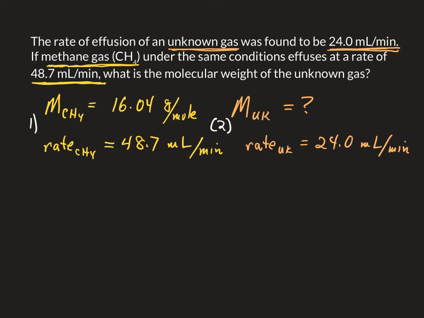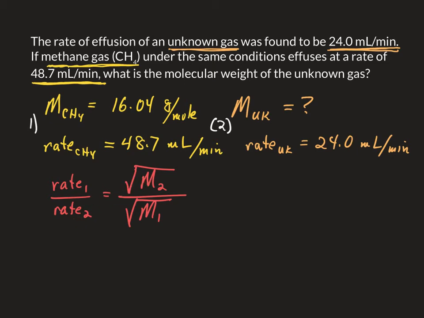So we've got rate 1 divided by rate 2 equals the square root of the molar mass of 2 divided by the square root of the molar mass of 1. Again, the 1s are across from each other, the 2s are across from each other.